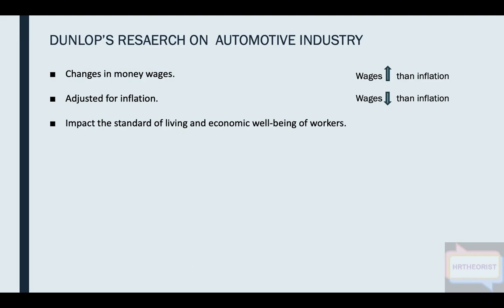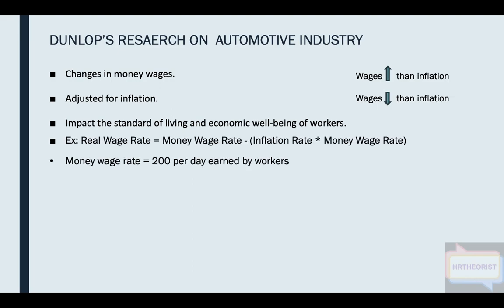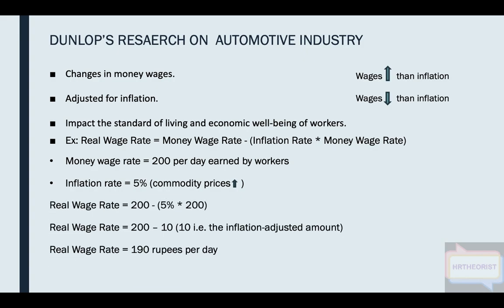In the given example, the money wage rate earned by the workers is 200 rupees per day. However, there is an inflation rate of 5%, which means that the prices of commodities are increasing. To calculate the real wage rate, we subtract the inflation adjusted amount from the money wage rate.